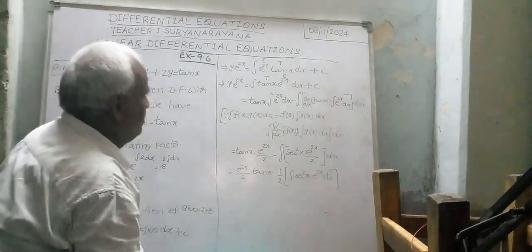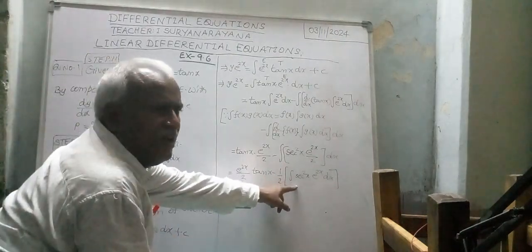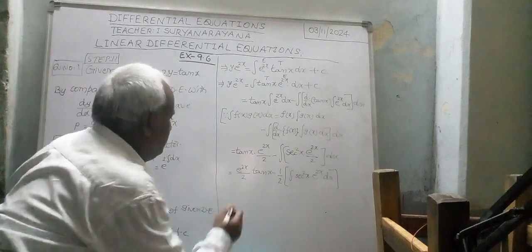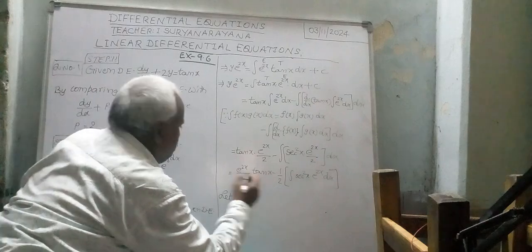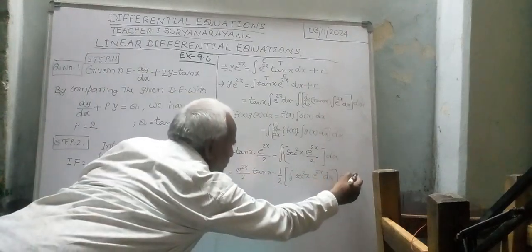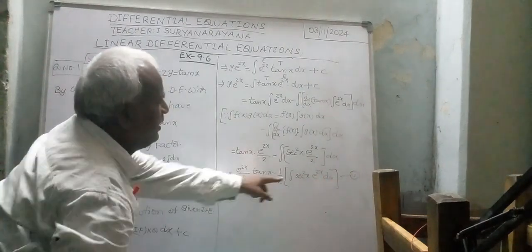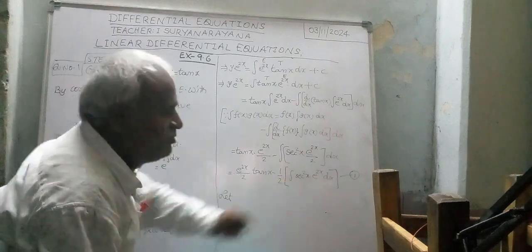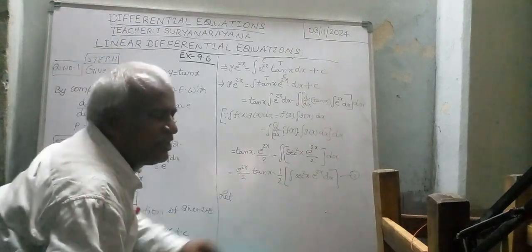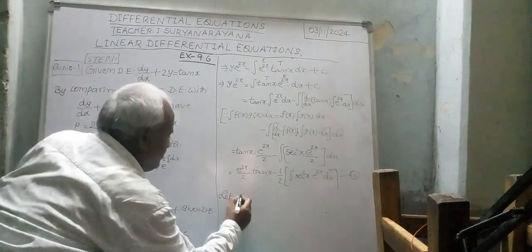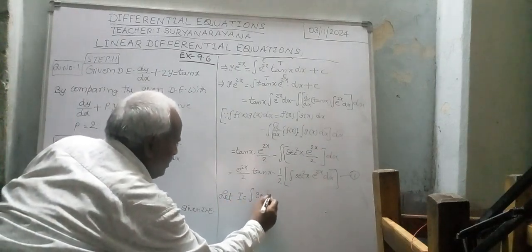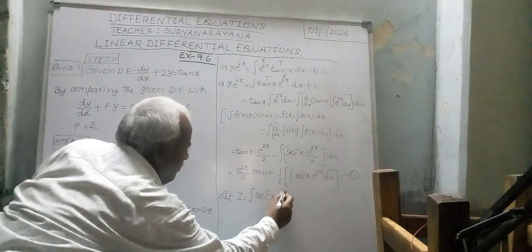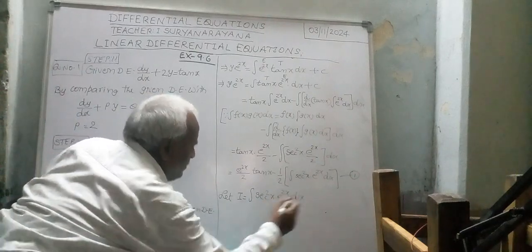So let us assume this is I. This is equation 1. Because again we have to integrate this function, we are assuming this as capital letter I. So let I is equal to integral secant square x into e power 2x dx.